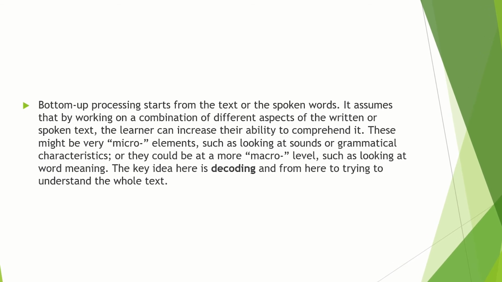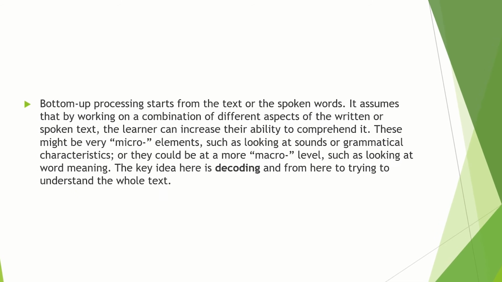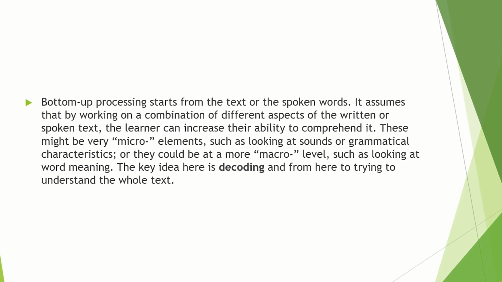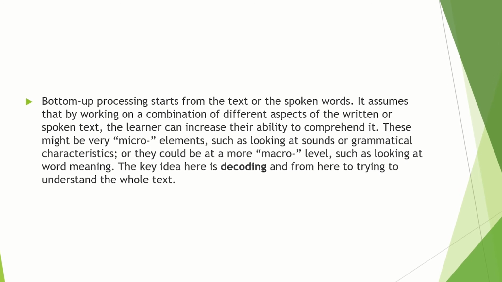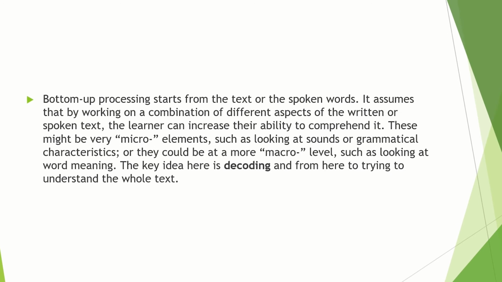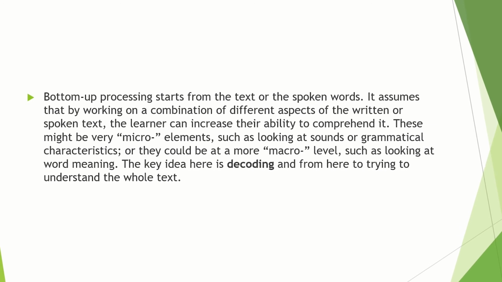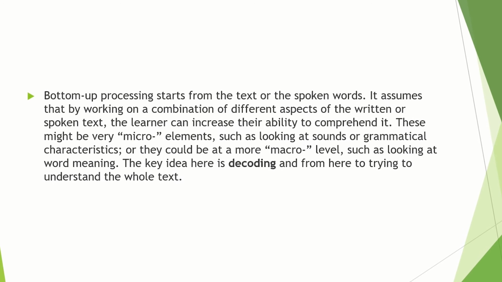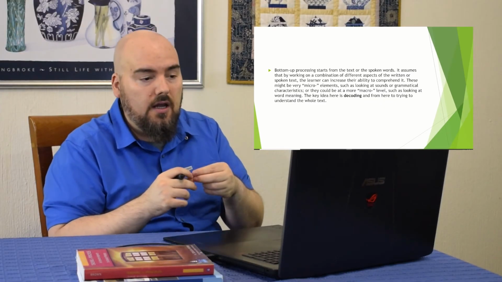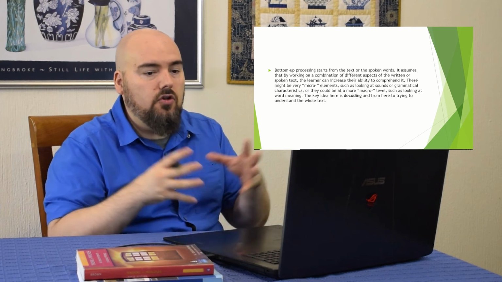These might be very micro elements that you're focusing on, such as the sounds or grammatical characteristics, or they could be more macro, like looking at word meaning. The key idea in bottom-up is the decoding, is finding those details that have some sort of meaning, whether it's the letters that turn into words, the words that turn into meaning, but at no point are you trying to look at the story.